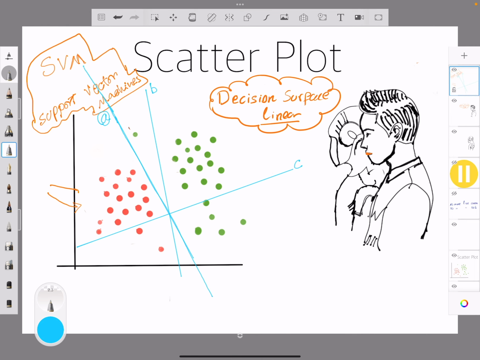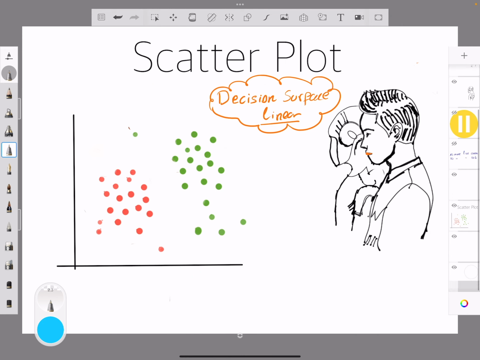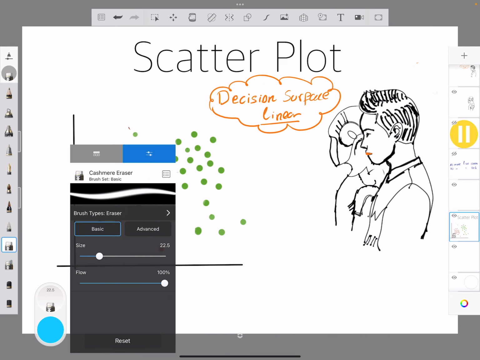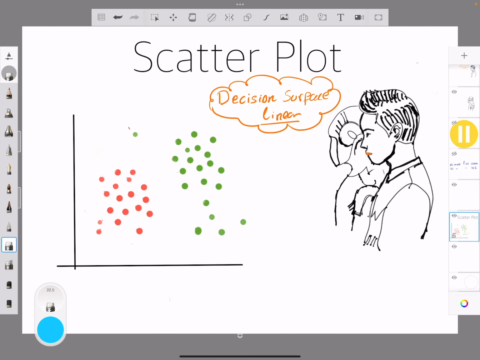Let me make it a little bit tricky. I'm going to get rid of this and modify the data. I'm going to delete this one and delete that. Same question, I'm making 3 lines, and your job is to select the best one that separates them.